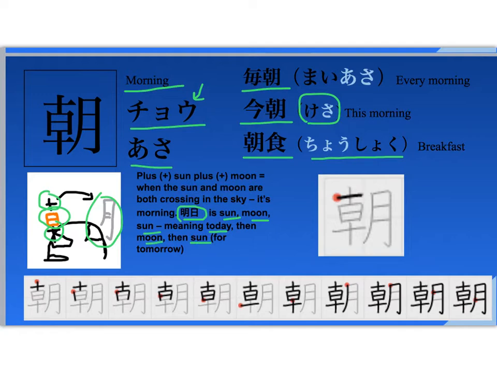So that's an interesting way also to think of time. And this is the way the stroke order goes. Ichi, ni, san, shi, go, roku, shichi, hachi, kyu, ju, juichi, juni.